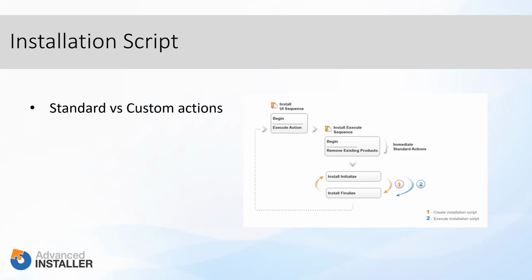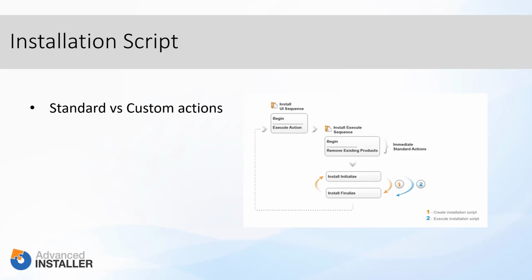When the MSI is installed, the Windows Installer service consumes the resources using standard actions, like the ones called InstallFiles, WriteRegistryValues, or RemoveExistingProducts, standard actions that you see highlighted in my slide.